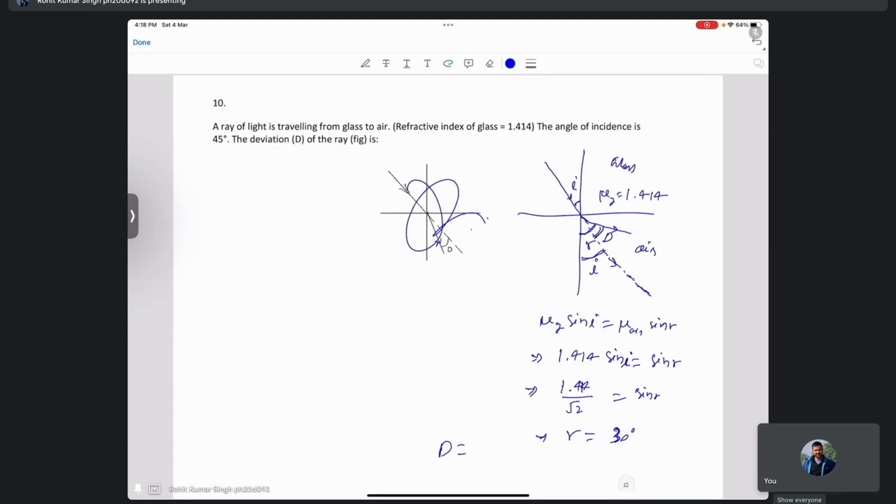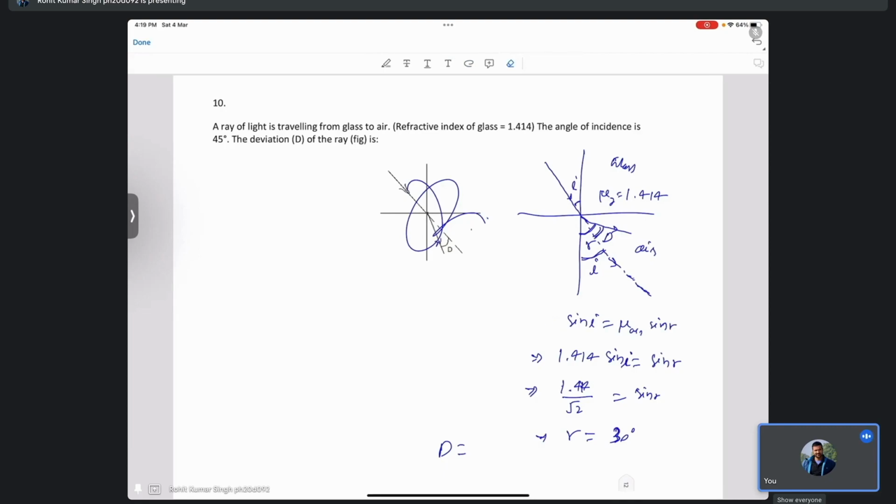Let me see. Oh, aha. Here I have made a mistake in this formula.